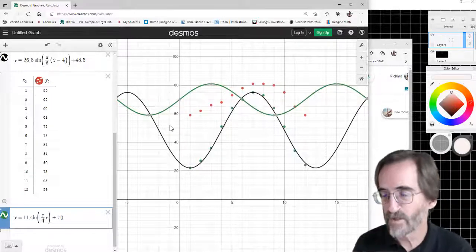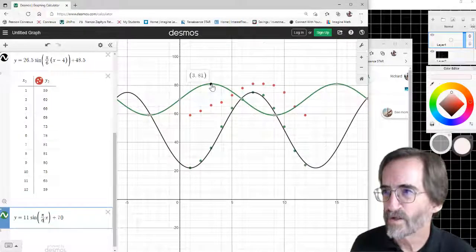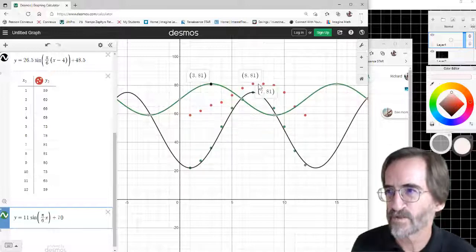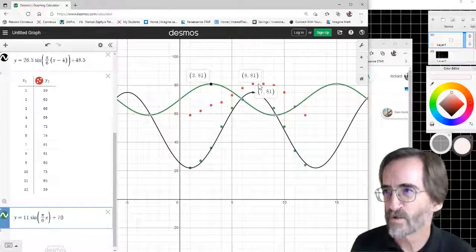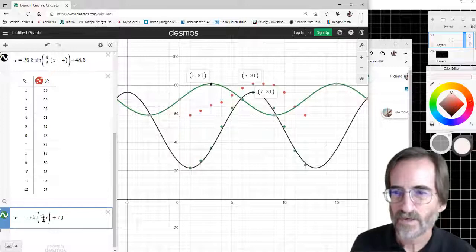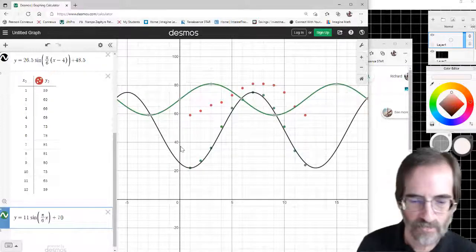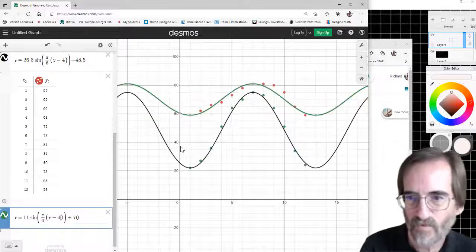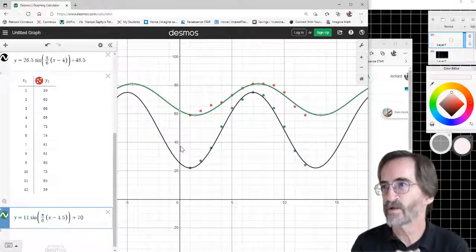Get the amplitude, and let's modify. Now the peak seems to occur, you got 2 months where the peak is the same. So the peak is going to occur in between. So 7.5. 7.5 minus 3 is 4.5. So, okay, minus 4.5. And there we go.